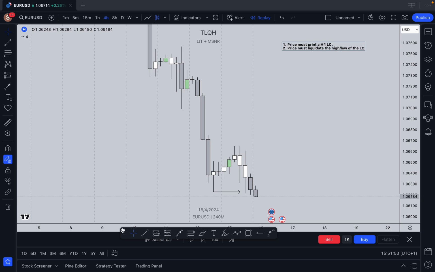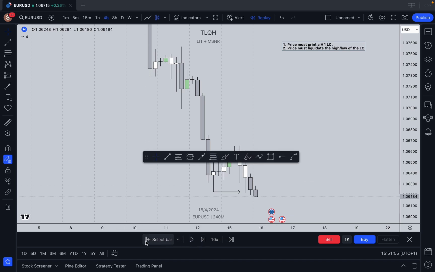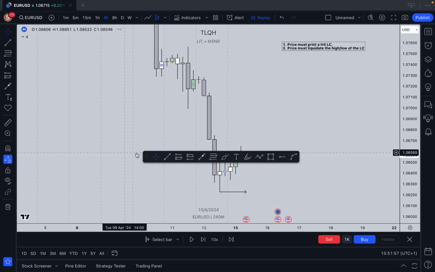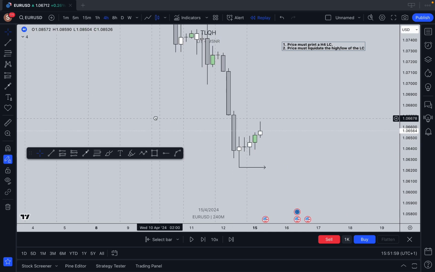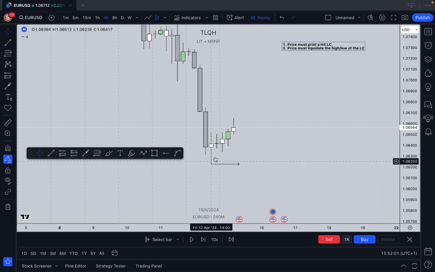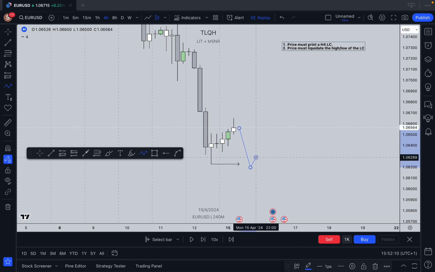Say for example we didn't have any of this price action. Say price was coming, we identified that we have a liquidity candle here. We would then need to see price come down and take out this liquidity candle. Now you can see here we have quite a few liquidity candles. The ones I'm focusing on are either on a high or a low.